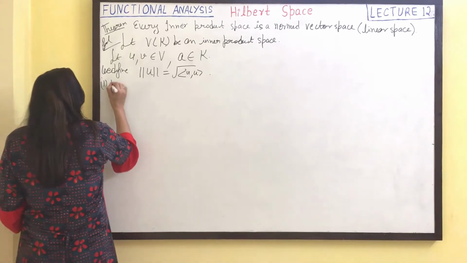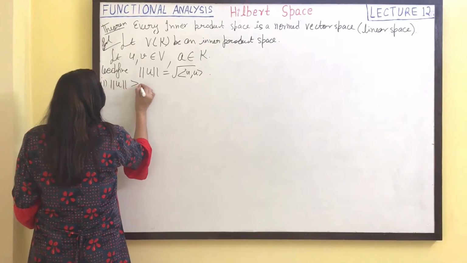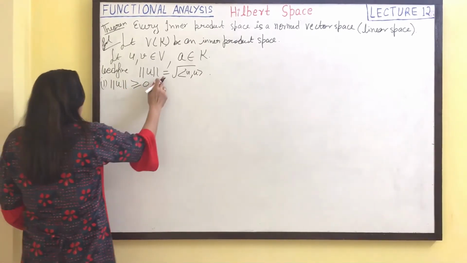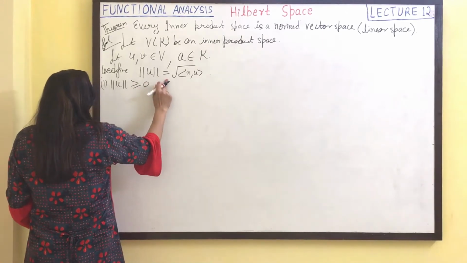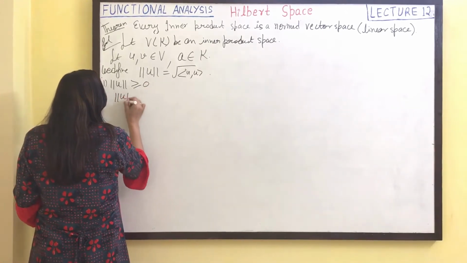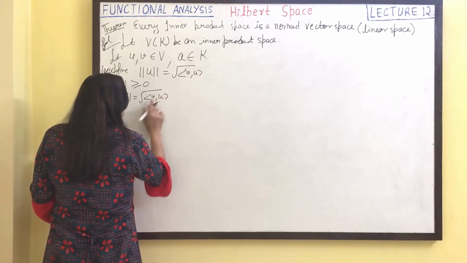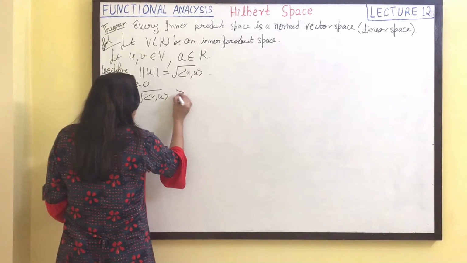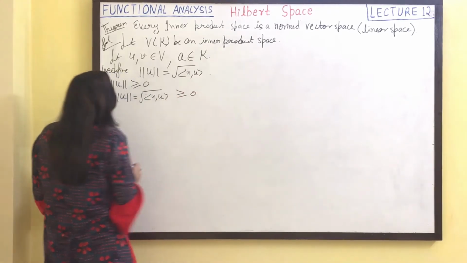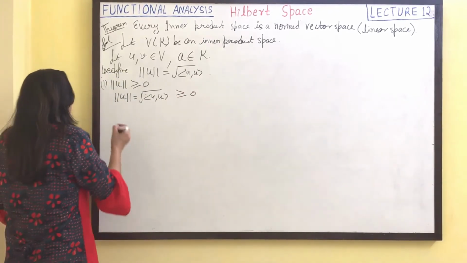First property is norm u is greater than or equal to 0. So, as we have already defined, norm u is equal to square root of u comma u, and we know that inner product u comma u is always greater than or equal to 0. So norm u is also greater than or equal to 0.